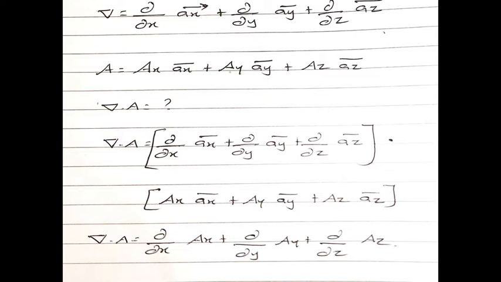So finally we get del dot A is equal to dou Ax by dou x plus dou Ay by dou y plus dou Az by dou z. So this is the equation for del dot A.